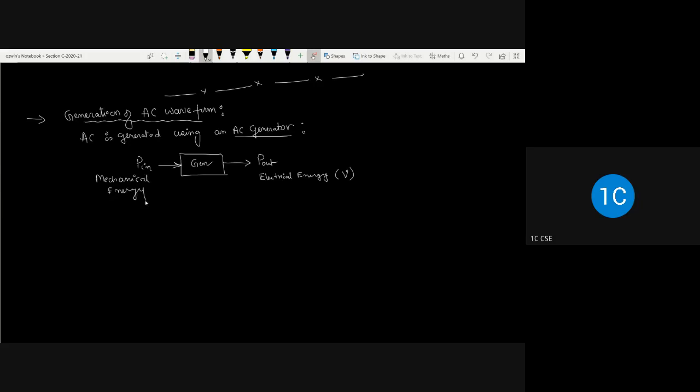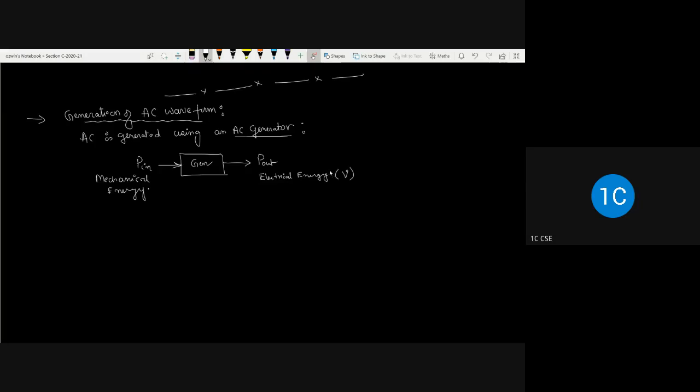In case of DC, if you consider an AA battery, a simple pen cell battery, you produce electricity using the chemical energy, right? Due to the electrolytic reaction, the ions are going to get circulated in the circuit.